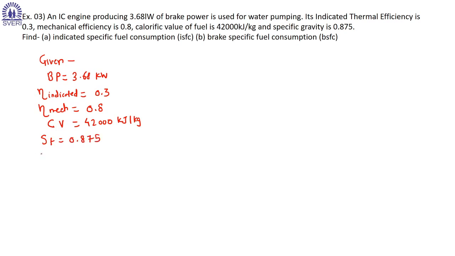So from this I can calculate the density of fuel, which will be equal to 0.875 into density of water, that is 1000, equal to 875 kilogram per meter cube. Now we have to find out first the indicated specific fuel consumption and then brake specific fuel consumption.